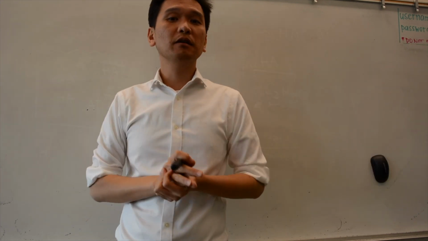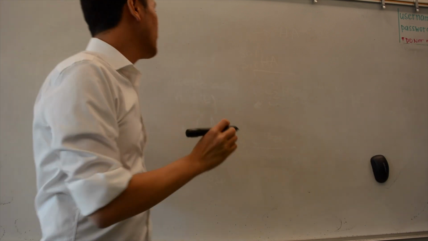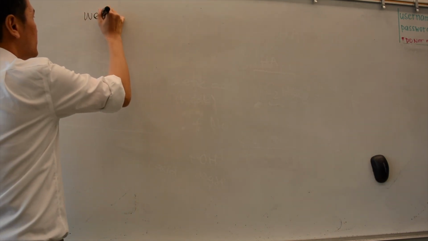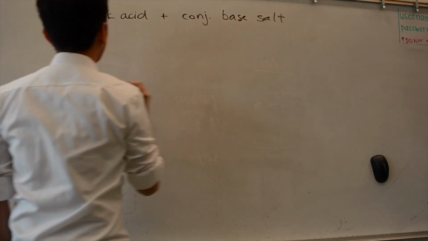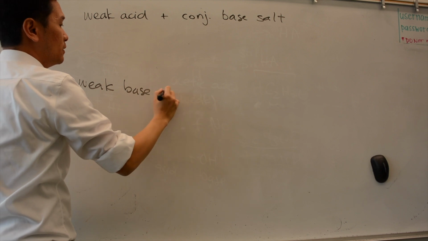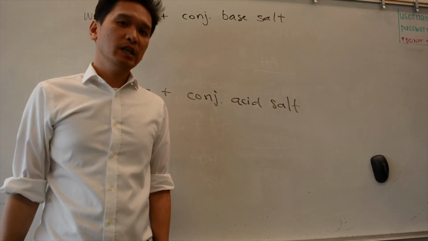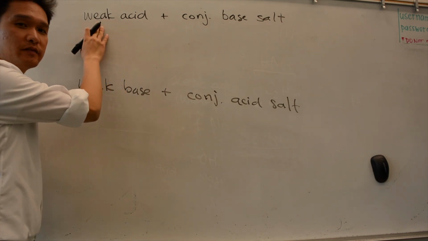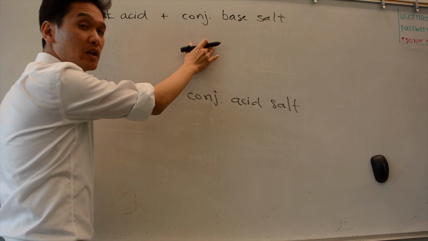Okay, so if I ask you to come up with a buffer system, again, what do you need to do? You need a weak acid plus its conjugate base, salt, or a weak base and its conjugate acid, salt. Alright, we just gave an example of this, was the acetate, acetic acid, and sodium acetate.